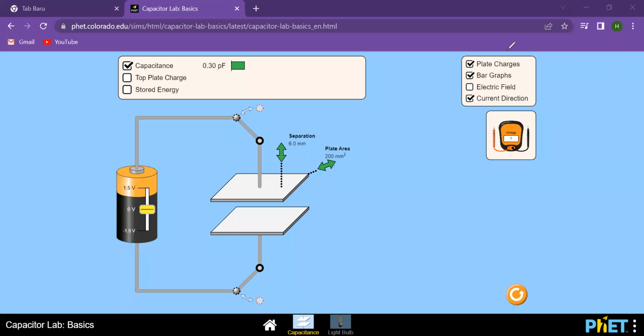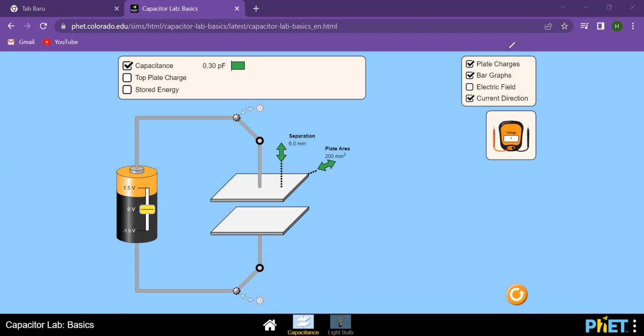Okay. What is a capacitor? A capacitor is an electrical component that can store electricity charge. Actually, a capacitor is similar to a battery, but a battery can store electricity charge for around 2, 3, or more hours.